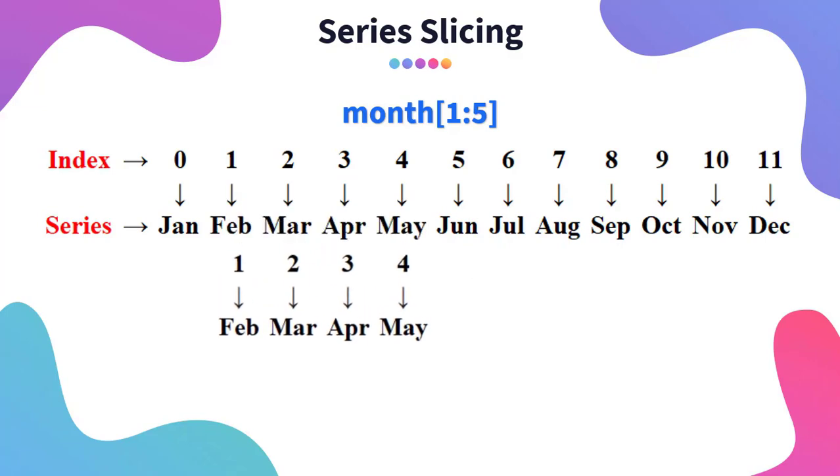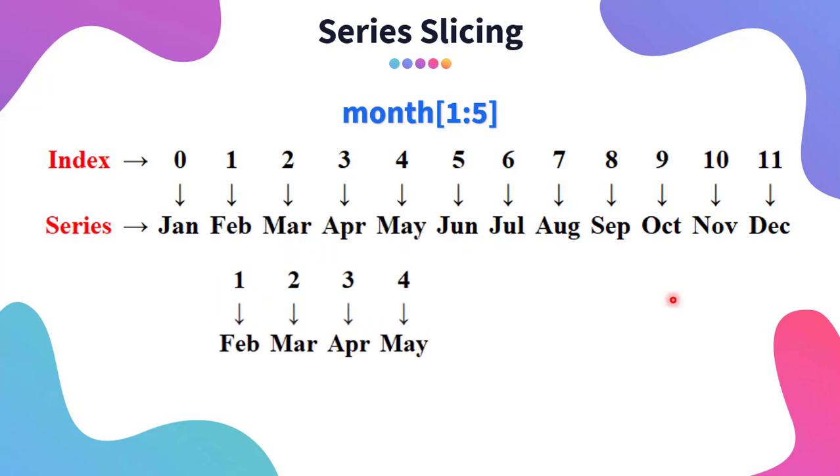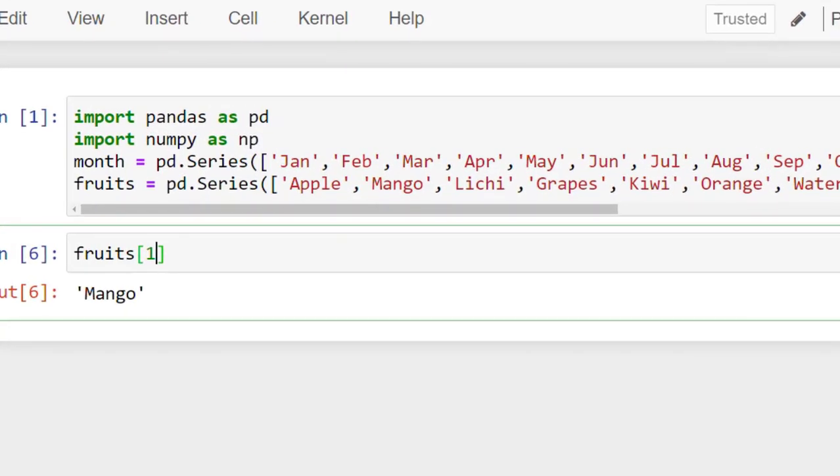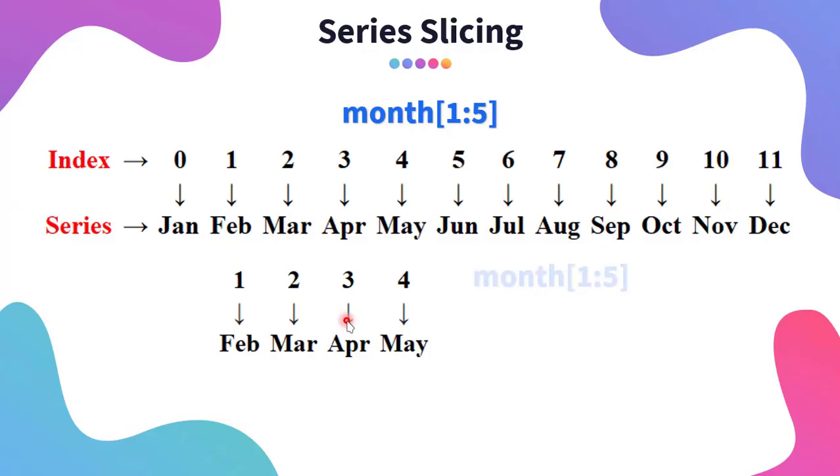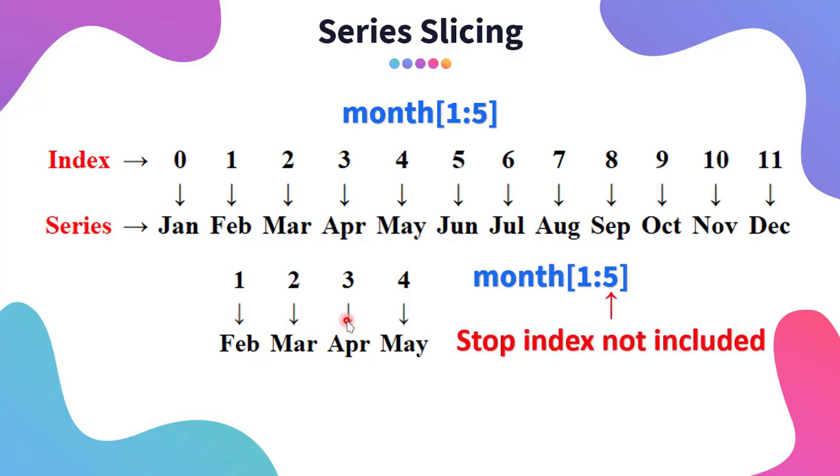So this will be the result. Let us run this code and see the output. If I write month 1 colon 5 and run it, it starts from 1 and goes up till 4. You can observe that the index value 5 is not included. This simply means that the stop index is not included.